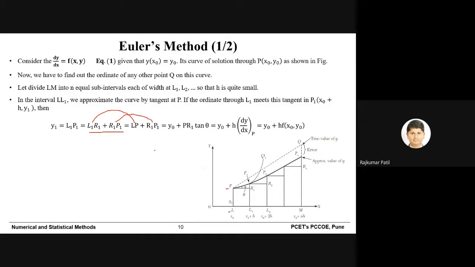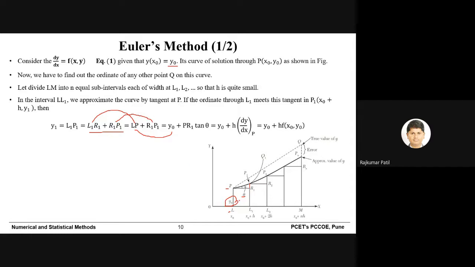Then we will replace LP by Y0, because LP is nothing but Y0, the initial value of Y. And for calculating R1P1, we will use triangle PR1P1, for which the angle theta is known to us.